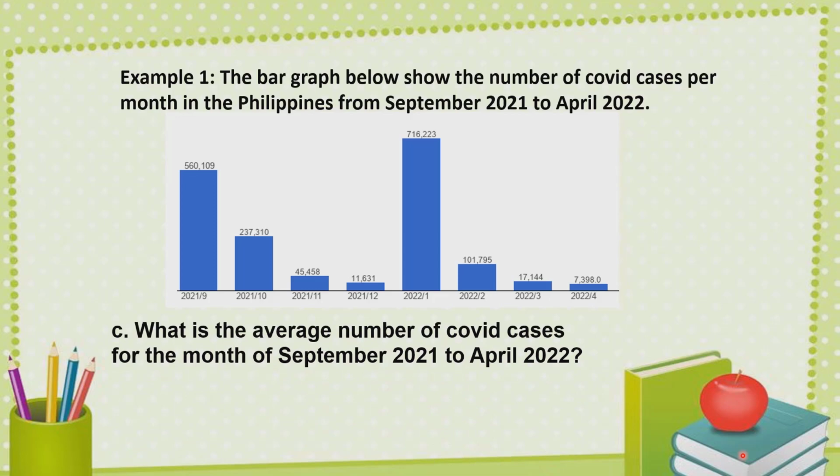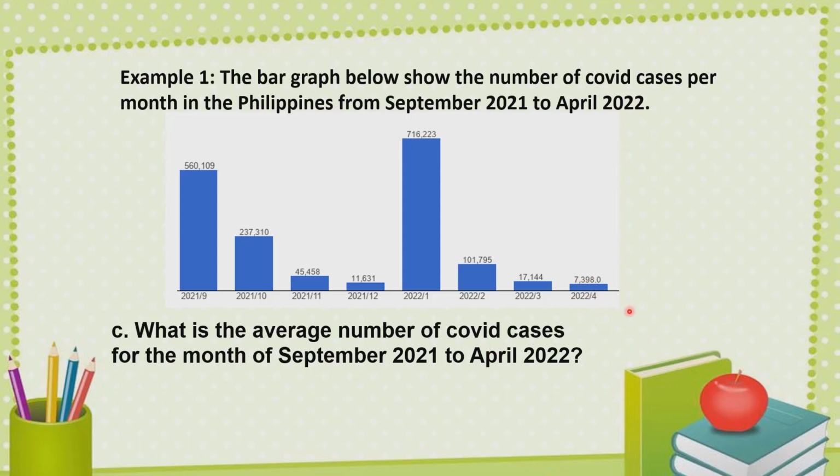What is the average number of COVID cases from the month of September 2021 to April 2022? September 2021 is here, while April 2022 is here.